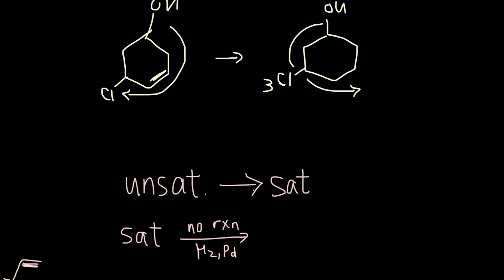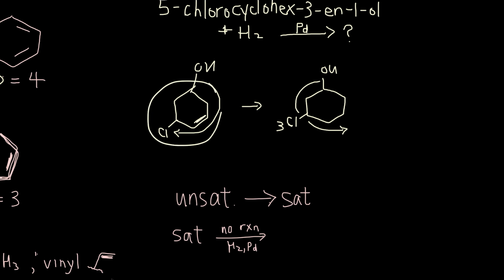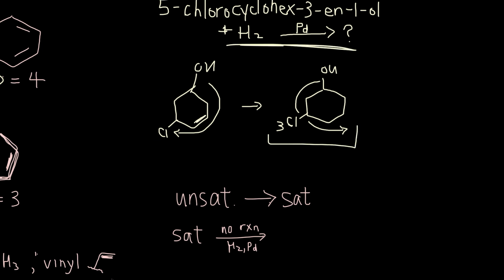It's important to note that it has to be an unsaturated alkene or alkyne at the start, and then you add hydrogen to make it a saturated alkane. But if the molecule they give you here, let's say they gave you this to start with and ask if you do this reaction, will it happen? No, because if you already start with a saturated molecule, there will be no reaction to give you another saturated molecule by adding more hydrogens and a catalyst.